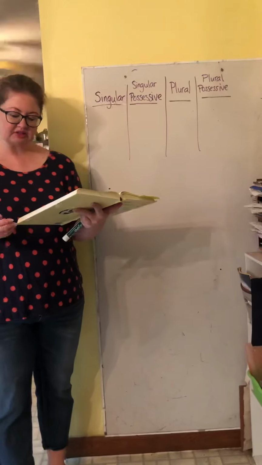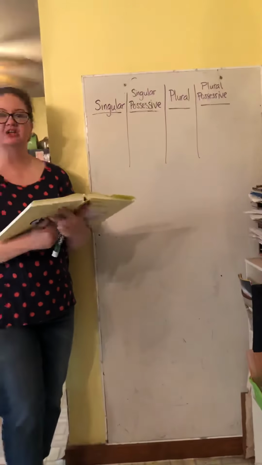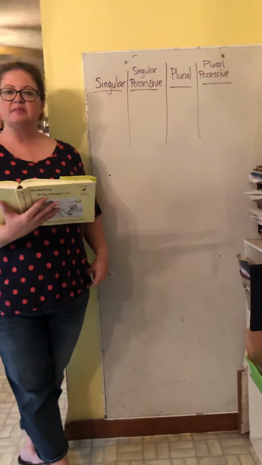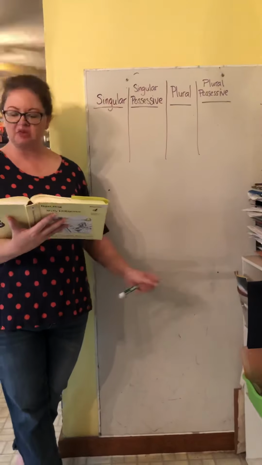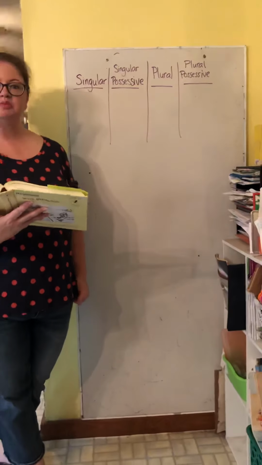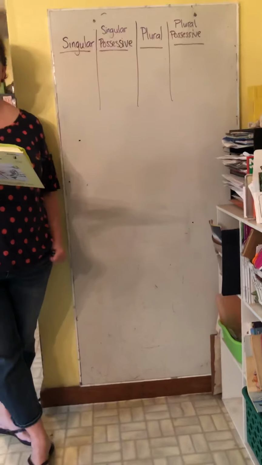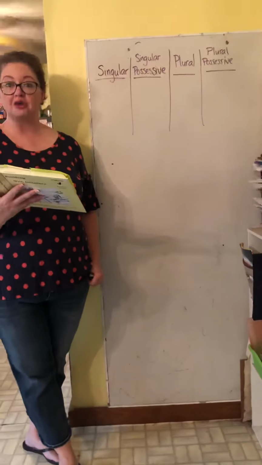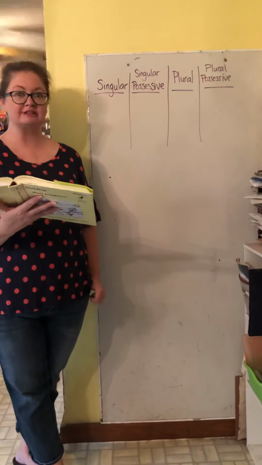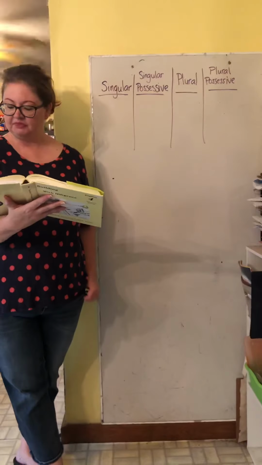All right, so I've got some sentences here that are a little awkward. There has got to be a way that we can change them to make them sound better. The doll that belongs to Mary is lost. That's a lot of words to say Mary's doll is lost, right?